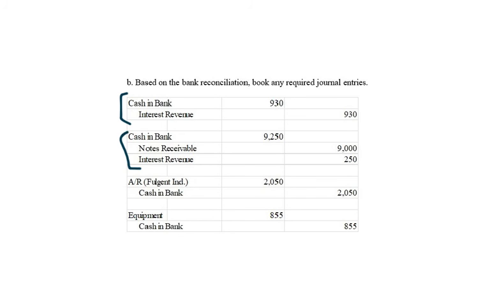So we can add that, and we want to retire the note receivable from the books. We assume, because it was in the bank's possession, that when they took payment on our behalf, they surrendered the note to the maker of the note, who of course destroyed it. So we want to credit that off the books because it doesn't exist anymore, and then record additional interest revenue in the amount of $250.